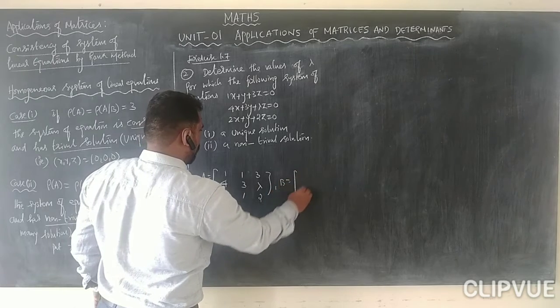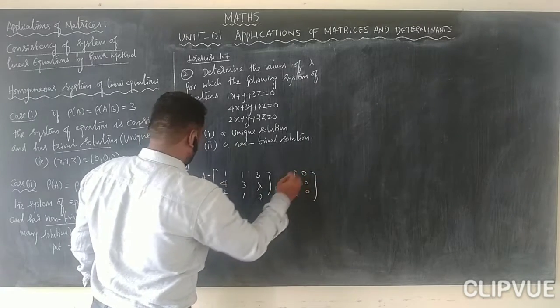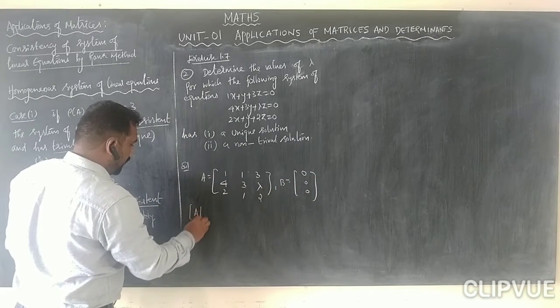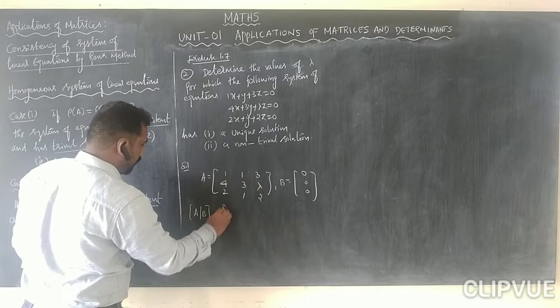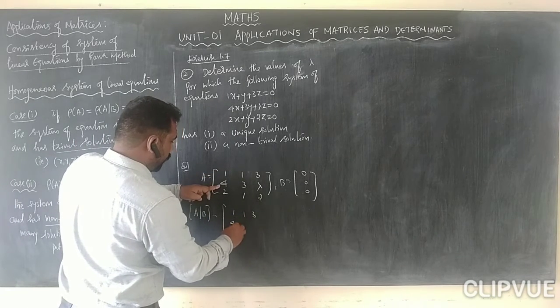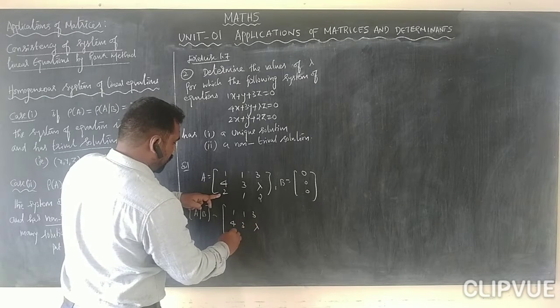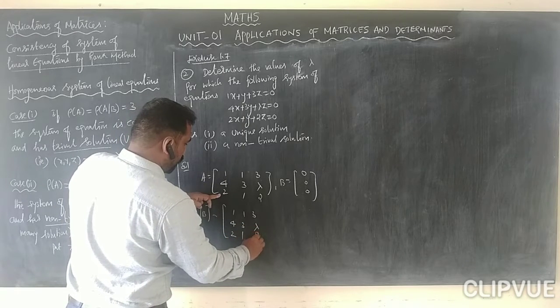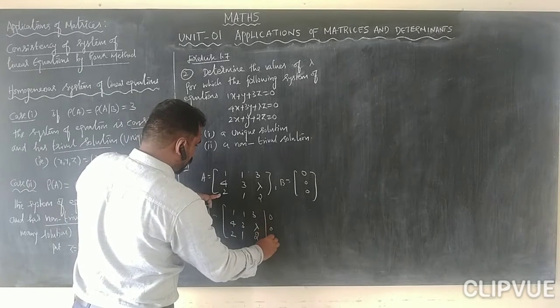Next, B equals 0, 0, 0. The augmented matrix [A|B] is 1, 1, 3; 4, 3, λ; 2, 1, 2; with 0, 0, 0.